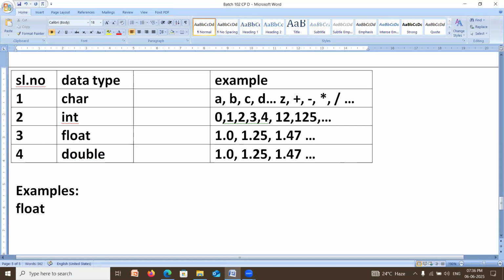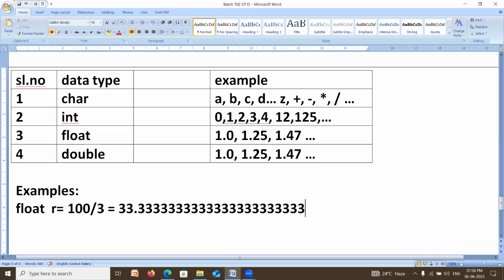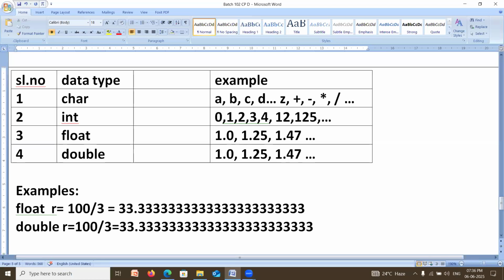I am taking a float, result equal to 100 by 3. What is the answer of 100 by 3? It is equal to 33.333 and so on. Am I right? Yes. I am taking double, r equal to, again 100 by 3. What is the answer of 100 by 3? 33.3333 and so on.